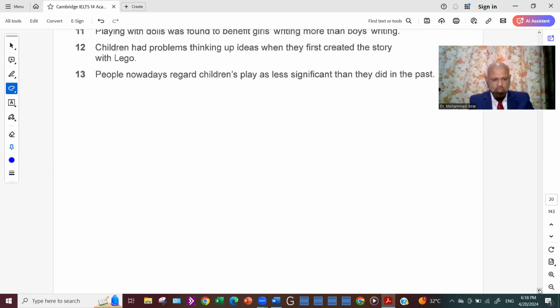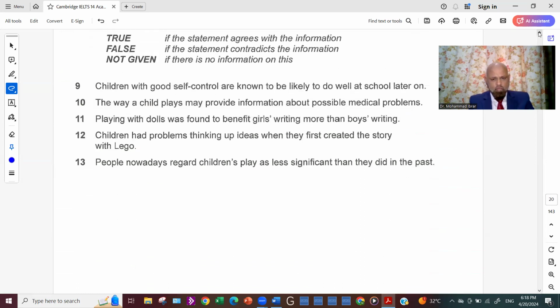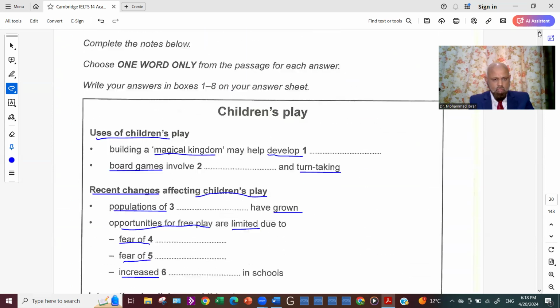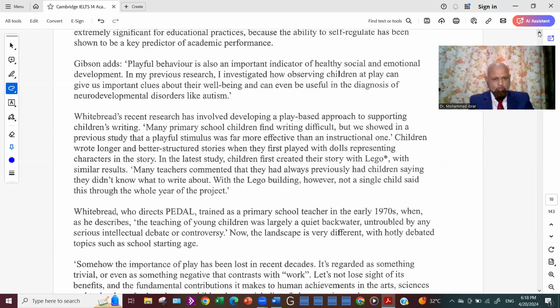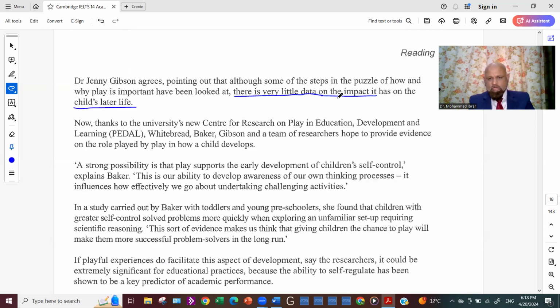Maybe life or behavior. Let's check. Let's just scroll up. You see here, there is very little data on the effect that play has on the child's later life. Later is already there. So life is the correct word.